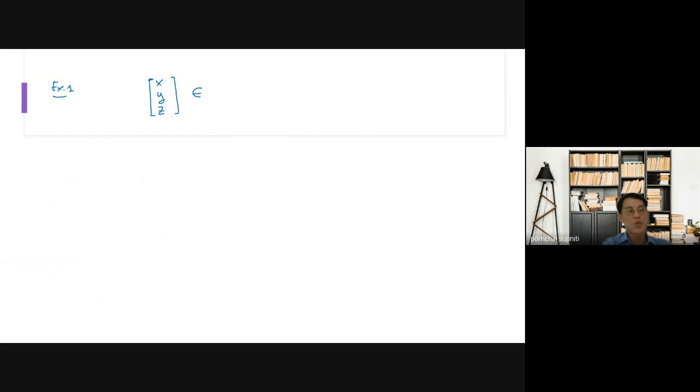If we have a vector (x, y, z), and it is a member in the 3-dimensional real number space, let's call it R3, then this will be a vector space that we set up. Because it's a 3-dimensional vector, you can always think about the axes as x, y, and then z, and maybe there are some points that refer to (x, y, z). And you can just draw it.